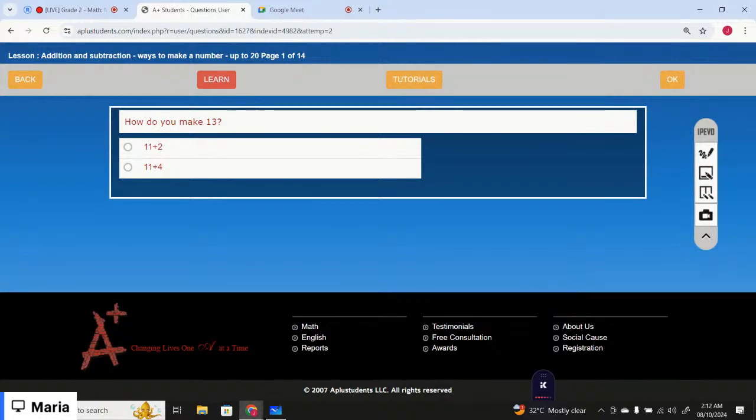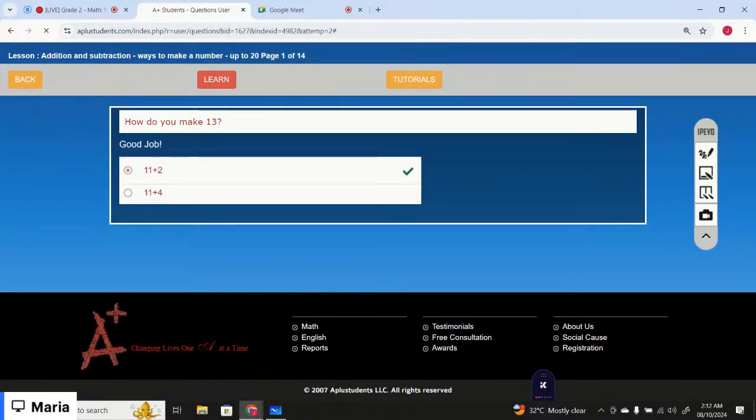The correct option is option number 1, that is 11 plus 2, because 11 plus 2 makes 13. You need to add and check which one makes 13, right?